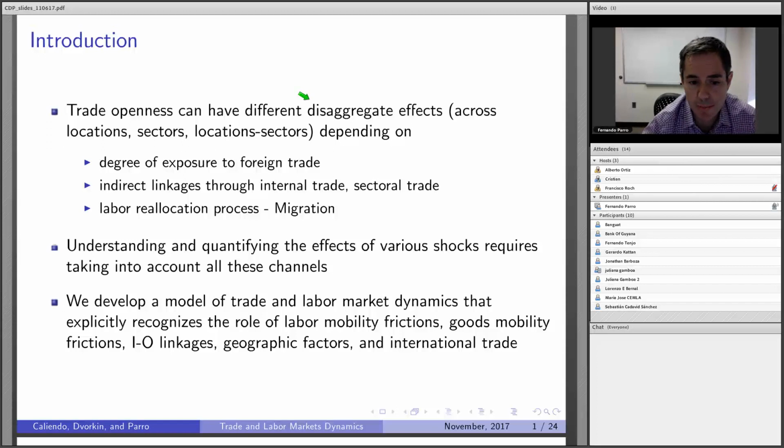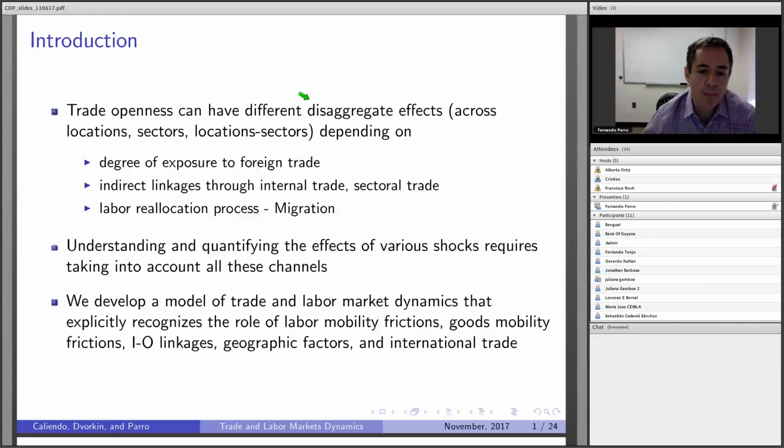So what we do in this paper is to develop a general equilibrium model to study and to understand the disaggregate effects of trade shocks. And we apply our model to quantify the general equilibrium effects of China's trade expansion across US labor markets.